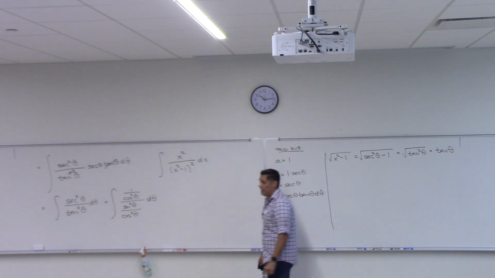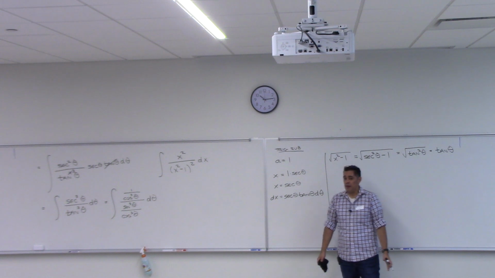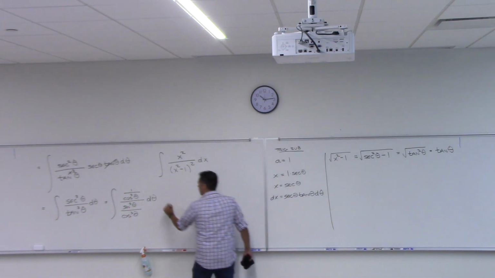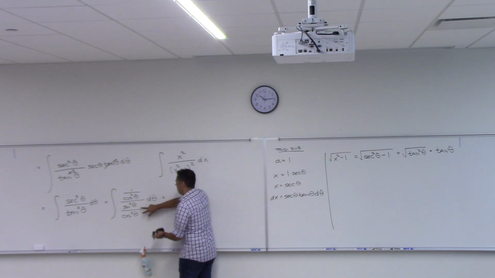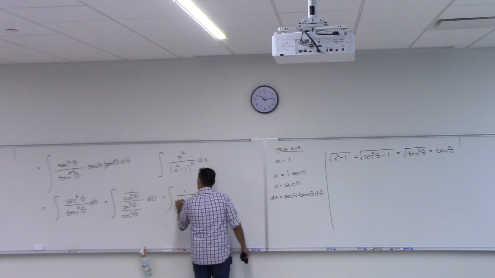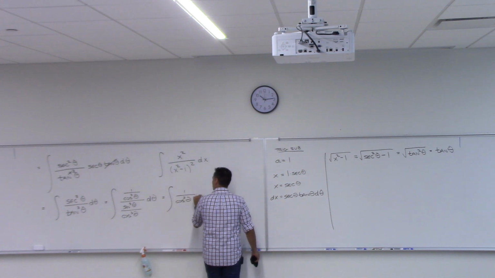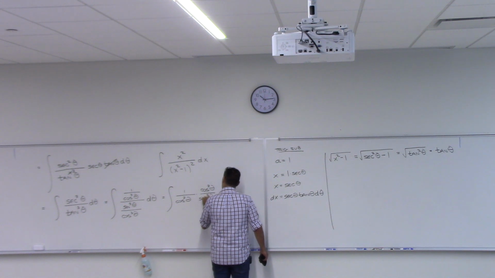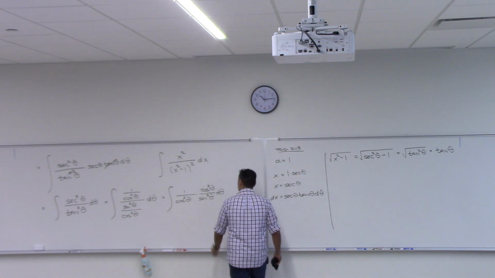I was not 100% sure that was going to help me, but I actually think it is. This is going to flip, right? This flips up, and this becomes 1 over cosine cubed theta times cosine cubed theta over sine cubed theta, d theta. I see where this is headed.